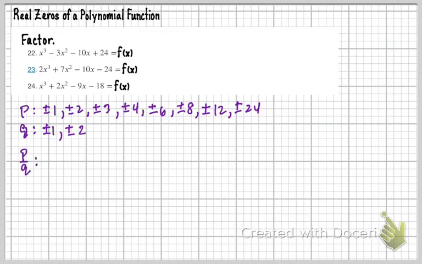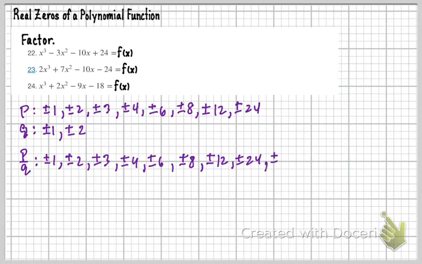And then when I divide them all by positive or negative 1, I'm going to end up with plus or minus 1, plus or minus 2, and I'll just write them all out, plus or minus 3, plus or minus 4, plus or minus 6, plus or minus 8, plus or minus 12, or plus or minus 24. And then I have to get all the other ones when I put 2 on the bottom.